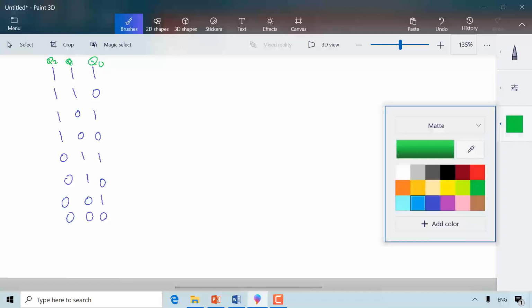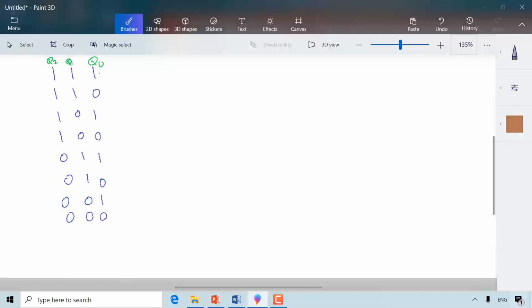Similar to the up counter, it is very clear that Q0 always inverts. Which means if I draw a T flip-flop, this input will be 1, so this is always invert. Okay, so this is the very first T flip-flop.